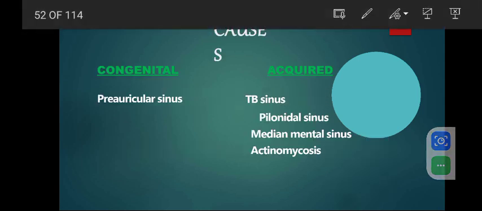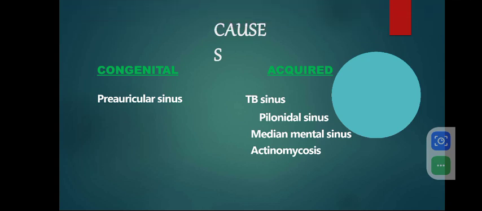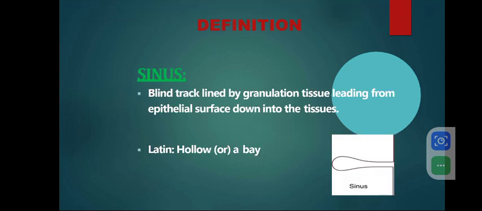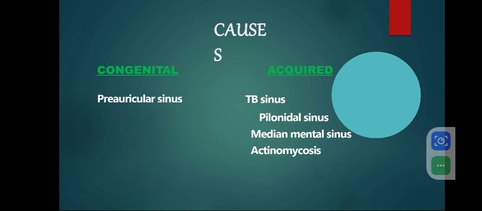We can easily see the diagram of sinus here. It has two causes: congenital and acquired. Congenital: preauricular sinus. Acquired: TB sinus, pilonidal sinus, median mental sinus, and actinomycosis.